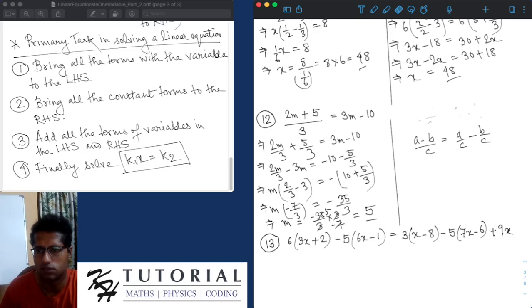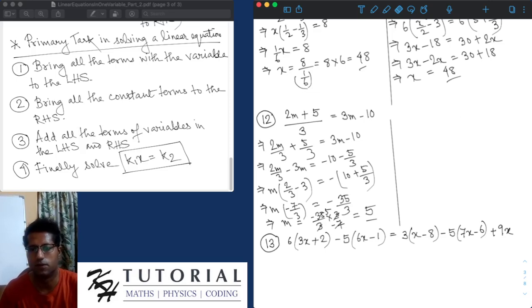Since this equation has a rational term, that is the 2m plus 5 by 3, to get rid of the rational terms, or to transform the equation so that every constant term is an integer and every variable term has a coefficient of integer, we will multiply both sides by 3.